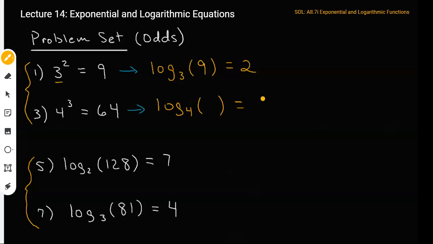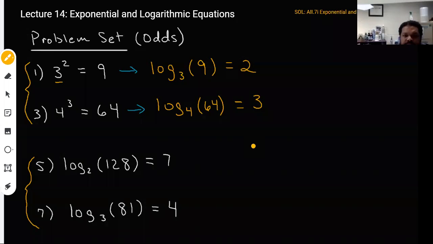My exponent is 3. So the exponent is going to get thrown to the other side. And then the number that I have left inside my parentheses is going to be the result. That would be 64. So I put 64 in there and I'm done. Okay. So that's going from exponential to logarithm.